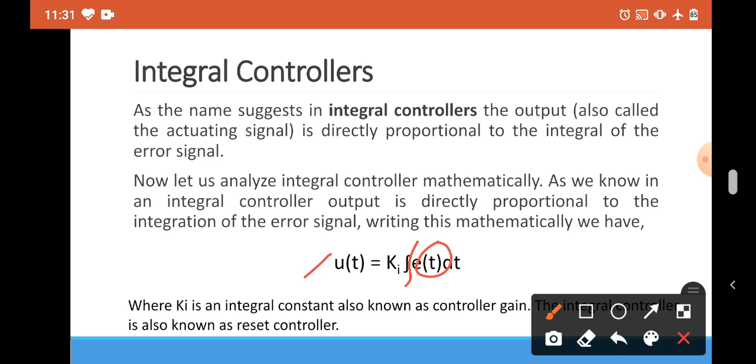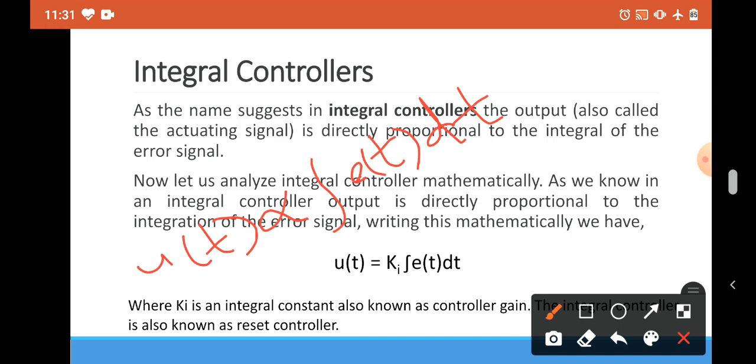So first thing that you see here is this u of t is in proportion to the integral of your error signal.